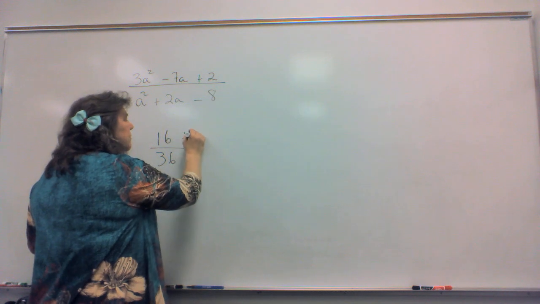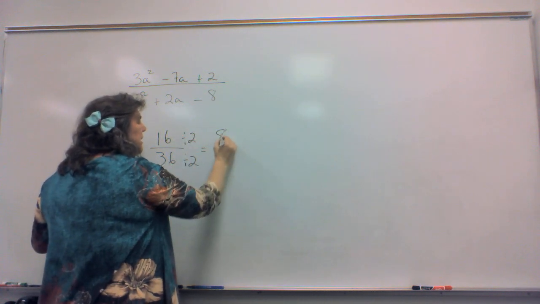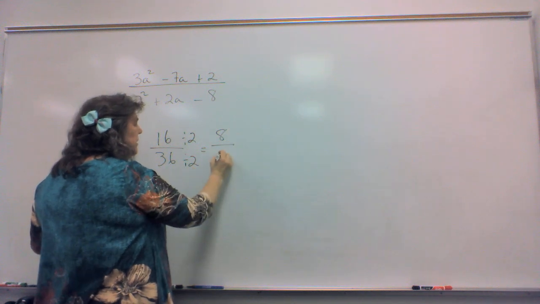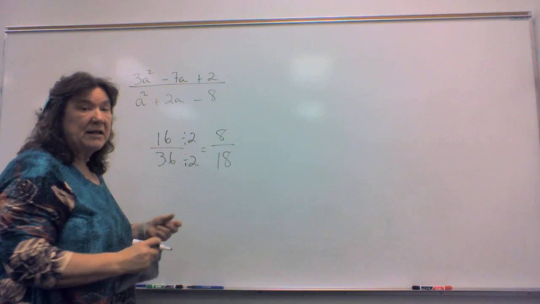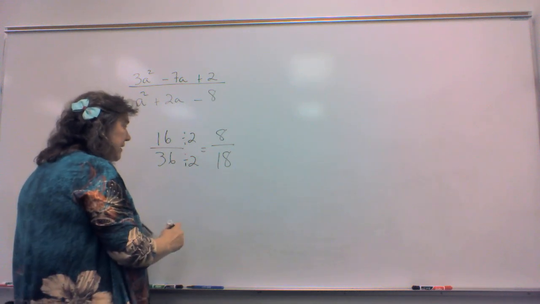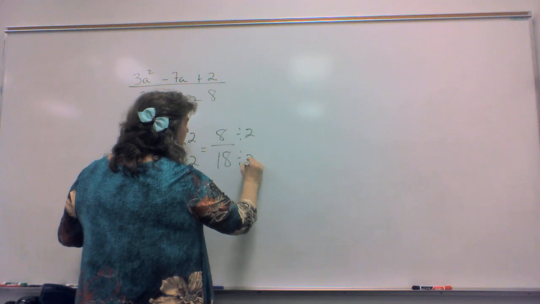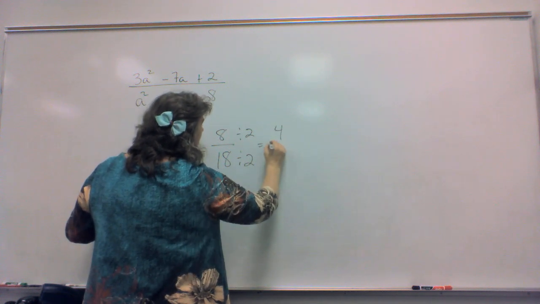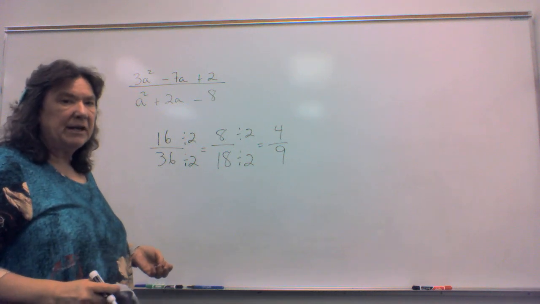If you don't see it right away, they're both even, so 2 is a good way to go. That gives me 8 divided by 18, and now that can be simplified again. So divide by 2 and divide by 2, and this will give me 4 over 9. Now 4 over 9 cannot be simplified anymore.